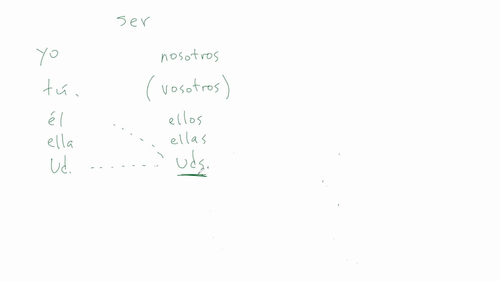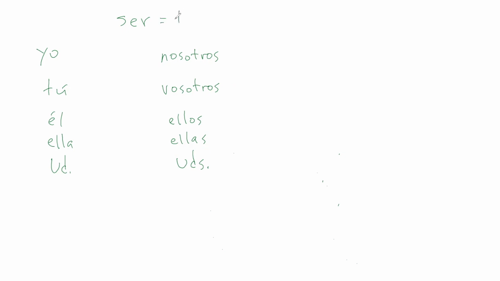Ustedes, talking to a group of friends or family. Usted, formal. Tú, informal. Ustedes, in the Americas, is both formal and informal, or you, plural. Okay, so let's fill in with our first verb conjugation.